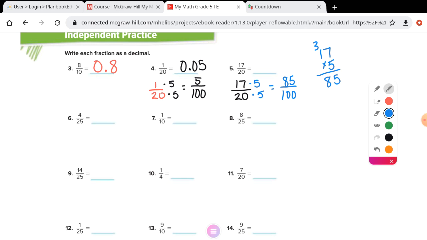Nope, how do I say the fraction properly? 85 hundredths. Braylon, what does that look like as a decimal? 0.85. Good job.